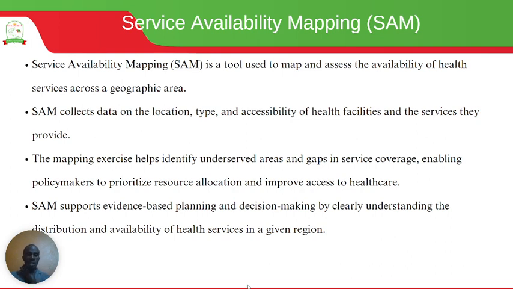So if we are doing mapping in a particular region of South Sudan and we discover that there are gaps in health facilities, or there is a particular place where they have less access to health facilities, or one area is left in the dark when we are talking about access to health facilities, then we influence decision making so that we allocate more resources so that that area has better access to these health facilities, or it also gets a health facility of its own.